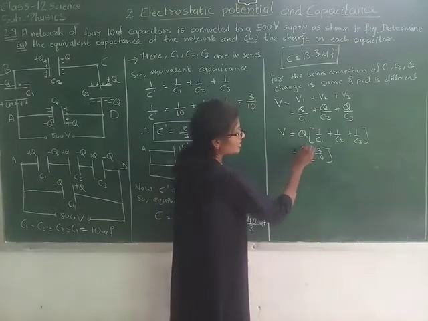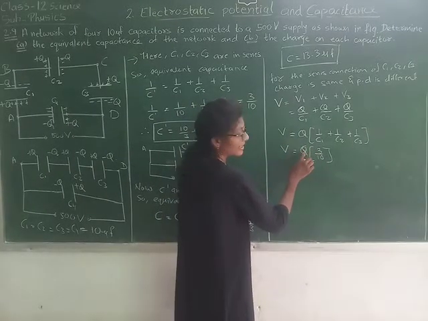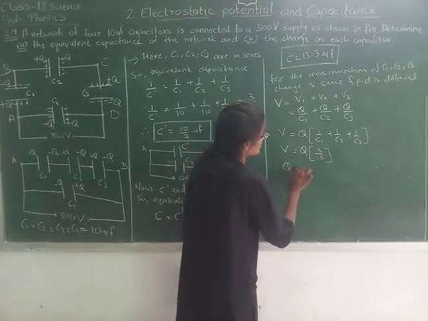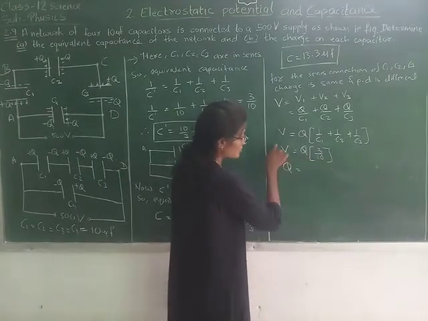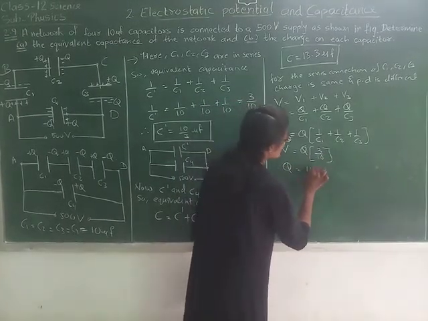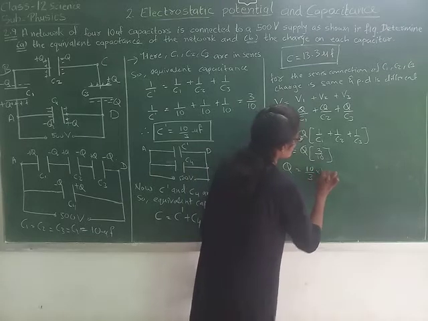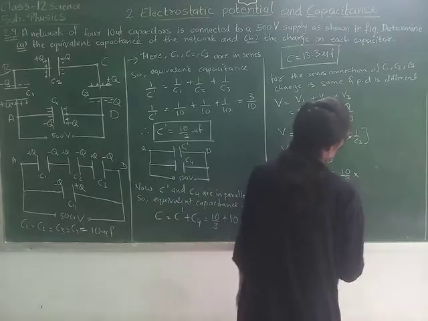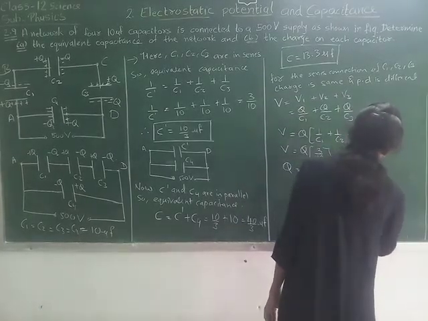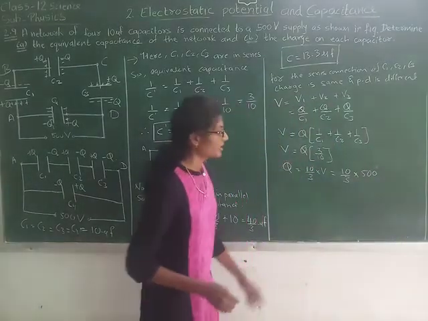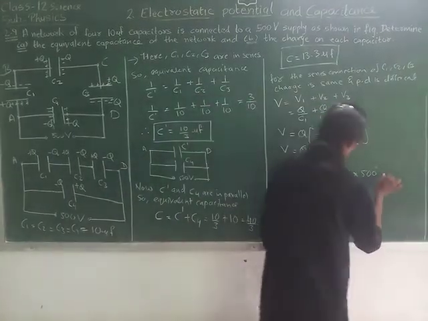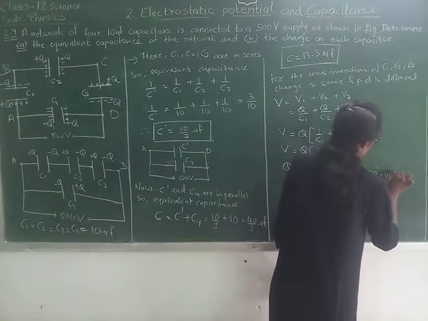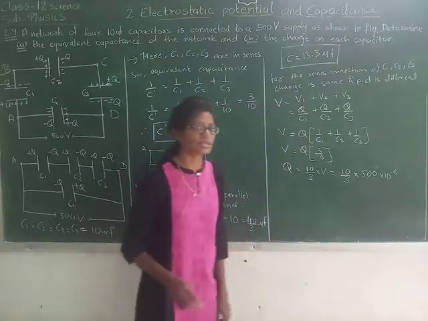Now we need to find this Q. Take Q as the subject. Take this 3 by 10 over to this side. So it can be written as 10 by 3 into V, which is 10 by 3 into 500, right? Here it is microfarad, so let us write it as 10 raised to minus 6.